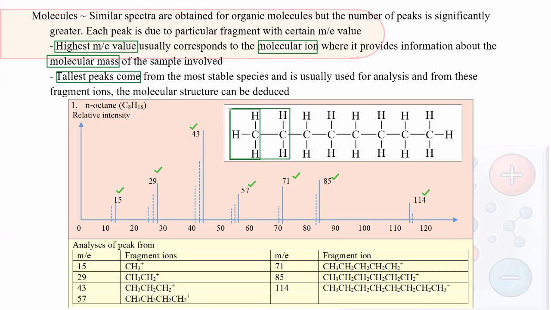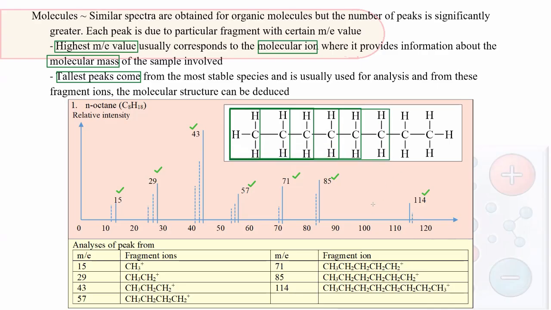43 is made of CH3CH2CH2. If it is 57, it is made of CH3CH2CH2CH2. If it is 71, it is made of CH3CH2CH2CH2CH2. 85 is made of CH3CH2CH2CH2CH2CH2.